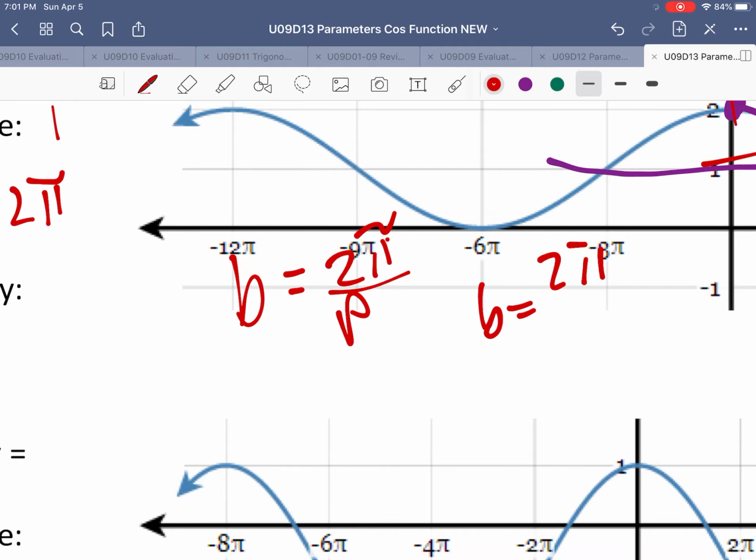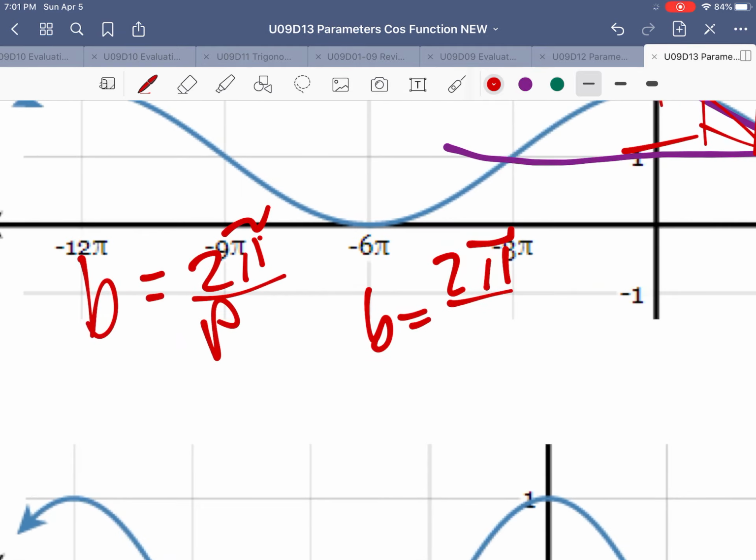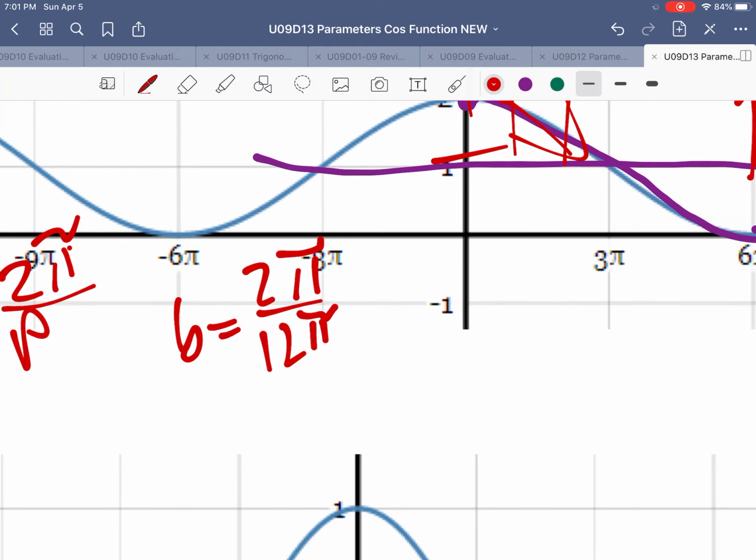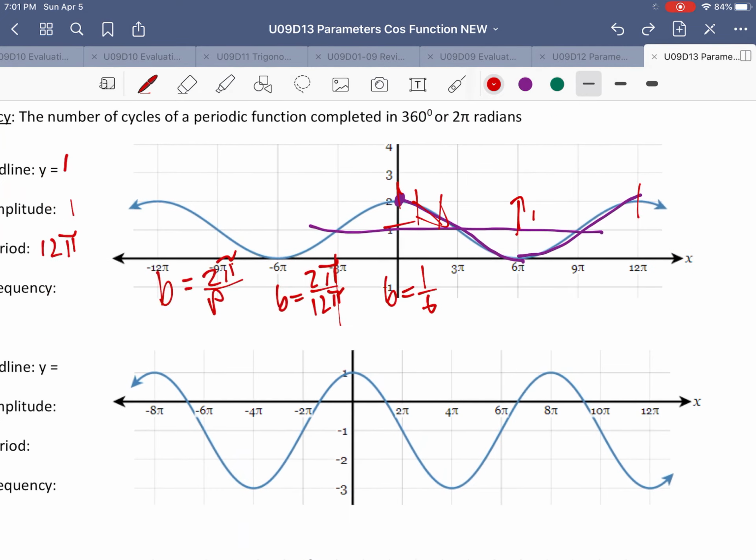So b equals 2 pi divided by 12 pi in this case. So the pi's cancel out, 2 over 12 is 1/6. So 1/6 is our frequency.